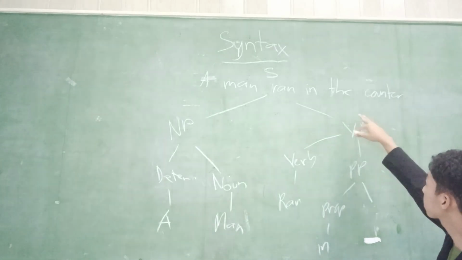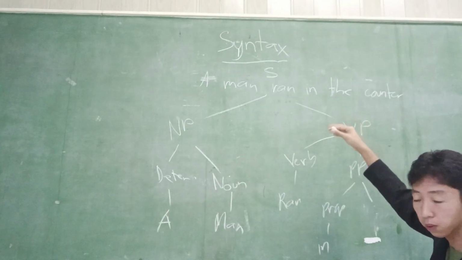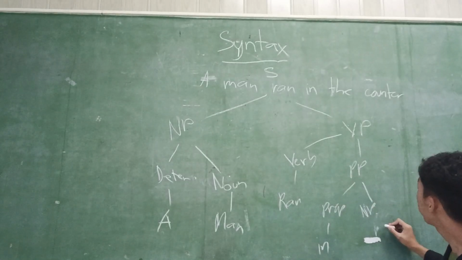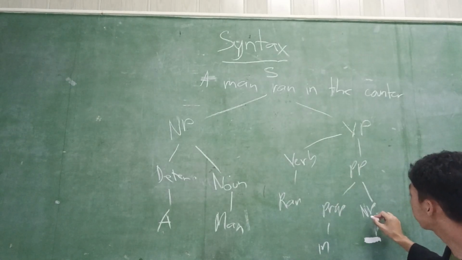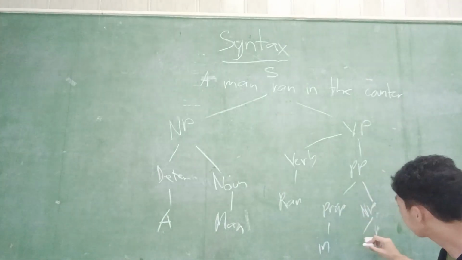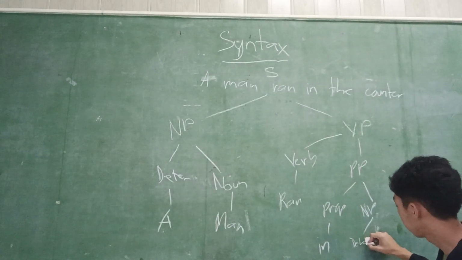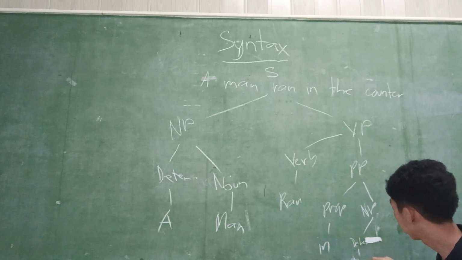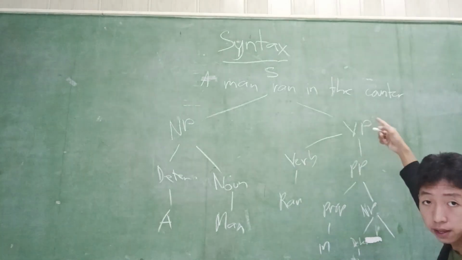The counter can be considered as a noun phrase. So we'll be adding a noun phrase again down here. And then we will split that up into two parts. The, which is the determiner, and then our noun, counter.